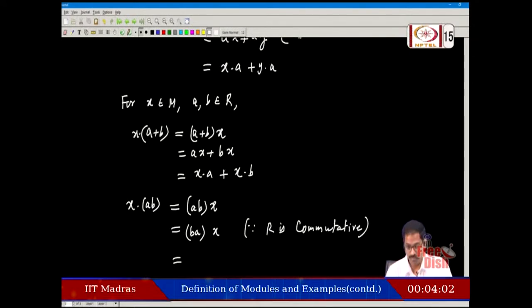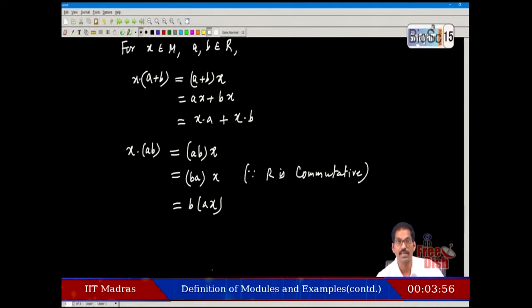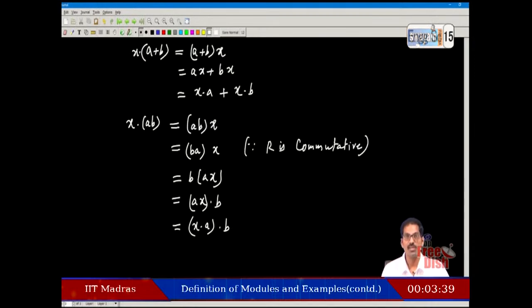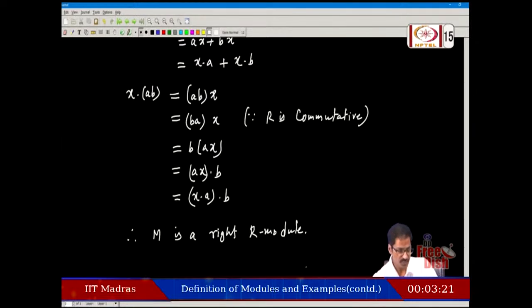Then this we can write as b of ax, which is ax dot b according to our dot definition, so this is x dot a dot b. Therefore it satisfies the three conditions, and thus M is a right R module.